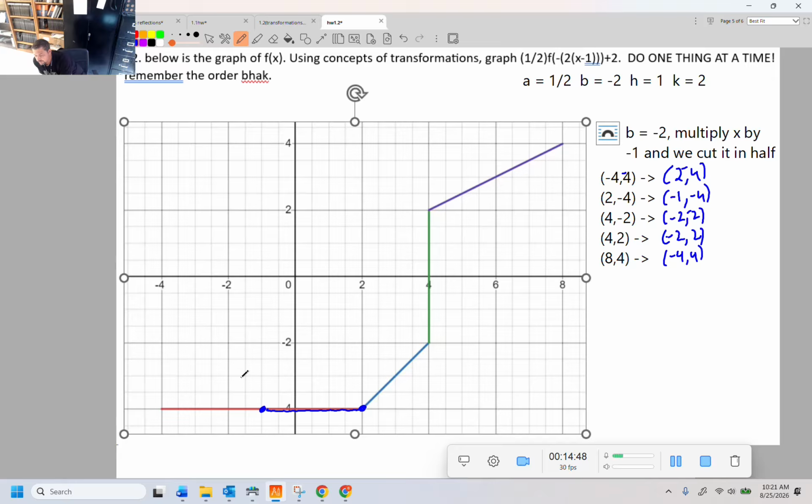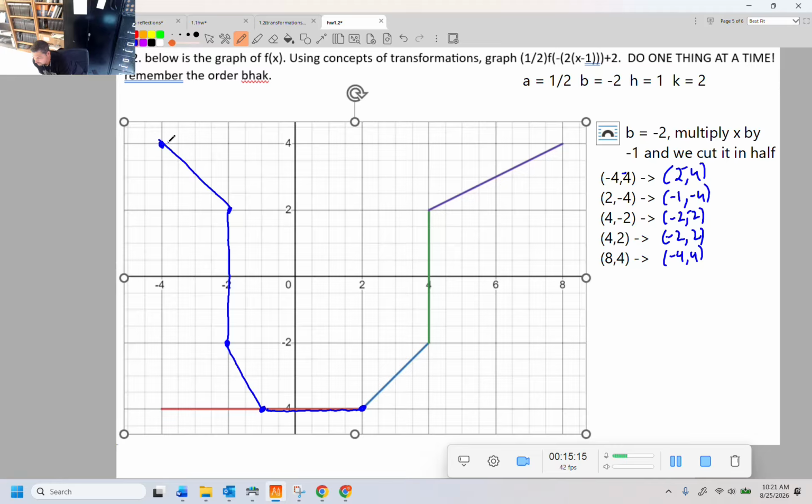Then (-2, -2), (-2, 2), and then (-4, 4). Hopefully you can see what we just did there: we reflected it because b was negative, and we cut it in half.